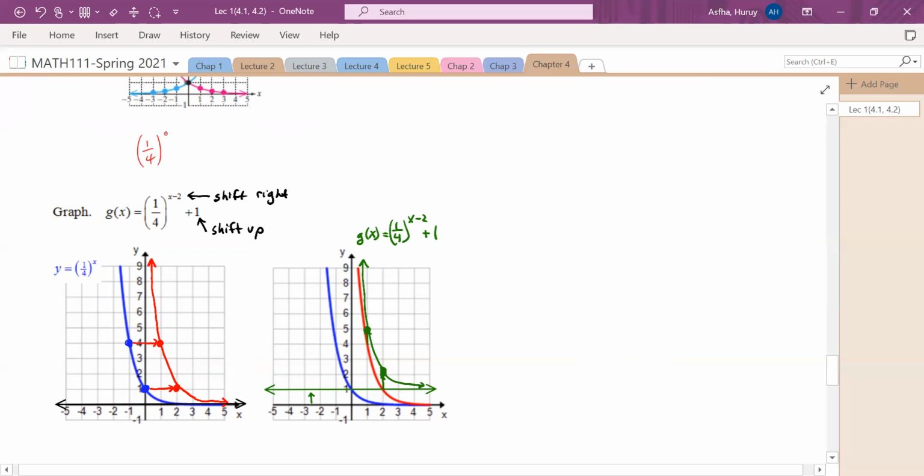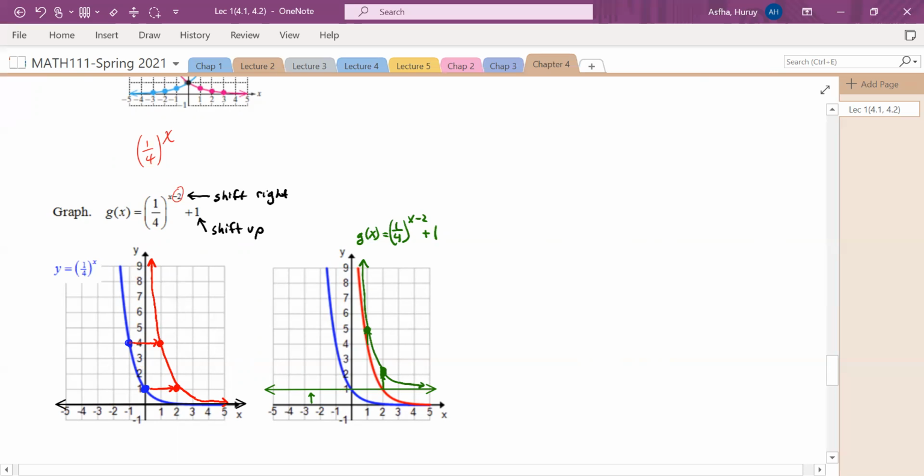If we have this one, this is the base function here, and since b is between 0 and 1, we know that the graph of this function is a decreasing function, which is the blue line. And then this minus 2 shifts the graph to the right by 2 units.